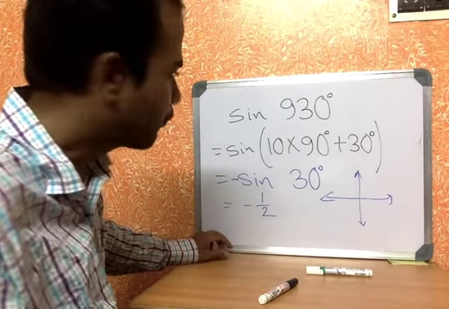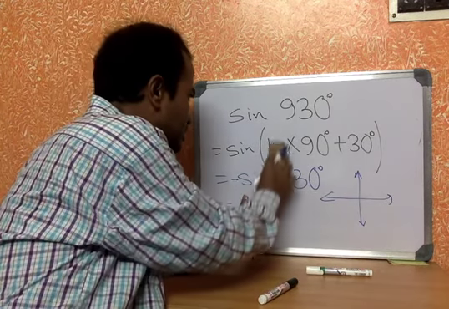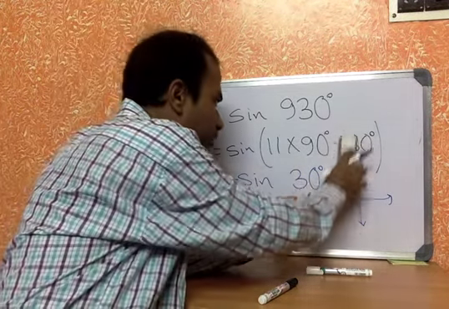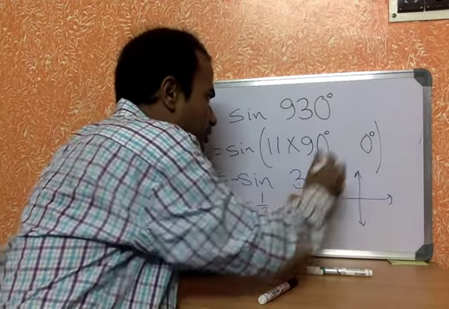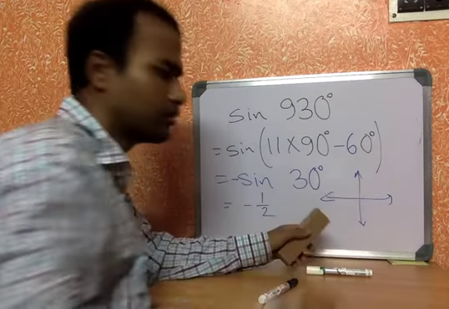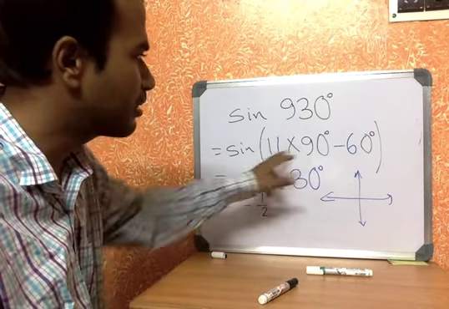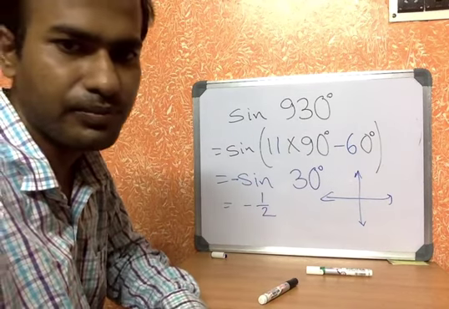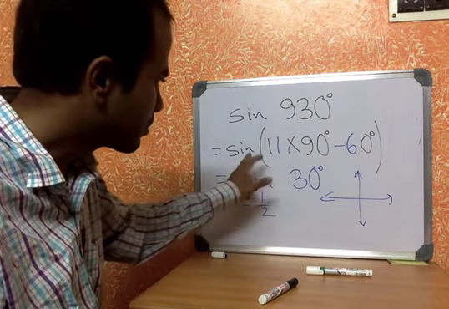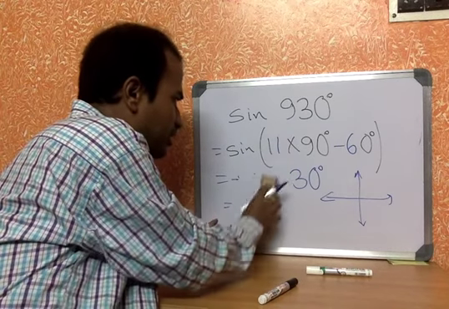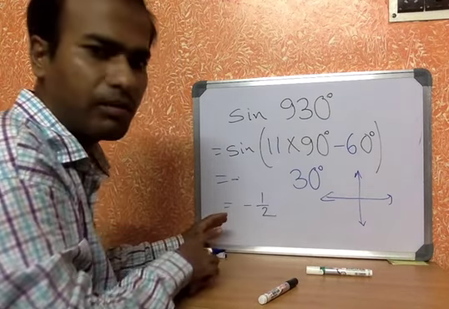Okay. If you want to write it as 11 into 90, then it will be minus 60. Same thing. 990 minus 60 will give you 930. Here in this case 90 is multiplied by 11, an odd number.